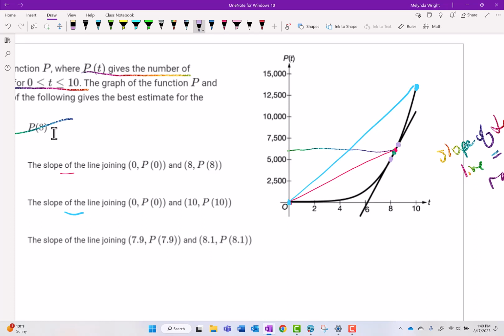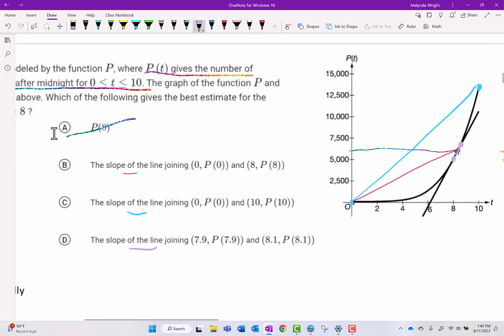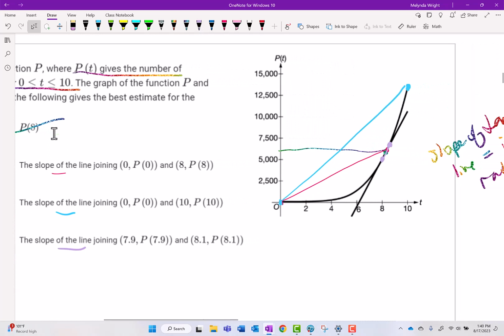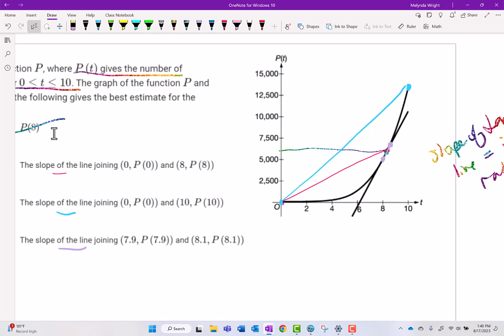And if I draw a line between them, okay, does that look pretty good? That looks pretty good, doesn't it? So the purple one is the one that really most closely matches. So we would circle D, or in the computer, you just click D. And that's really the best option for us.